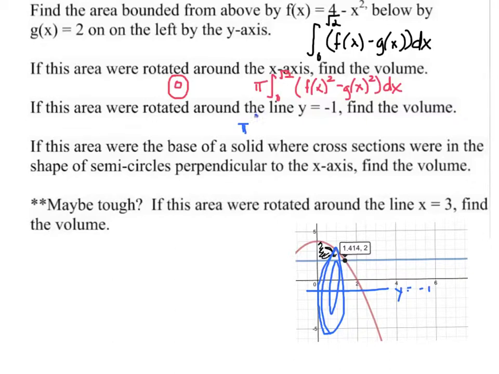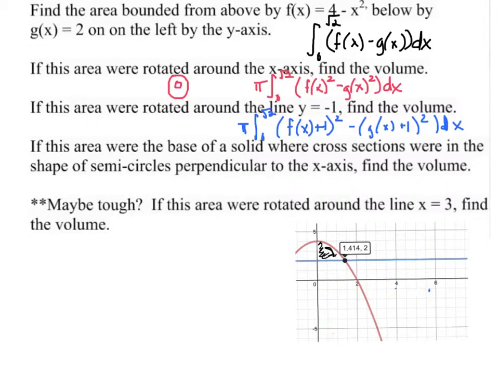It's going to have pi multiplied by the integral, 0 to square root of 2, but the big radius is going to be f of x plus 1, and the little radius is going to be g of x plus 1. And again, the reason is we made the radius 1 unit bigger by changing the axis of rotation.